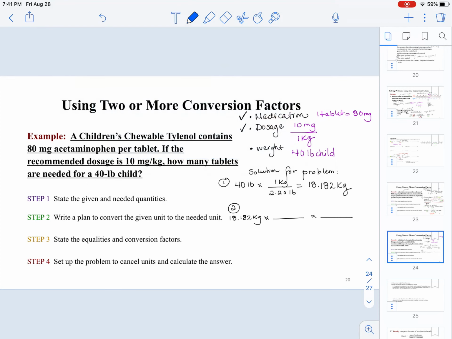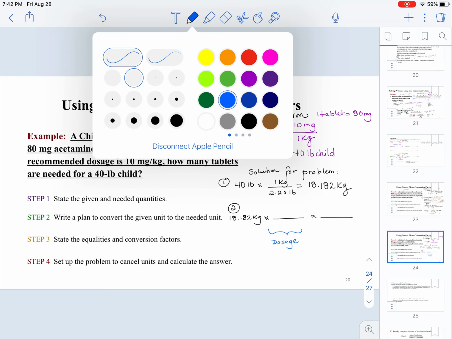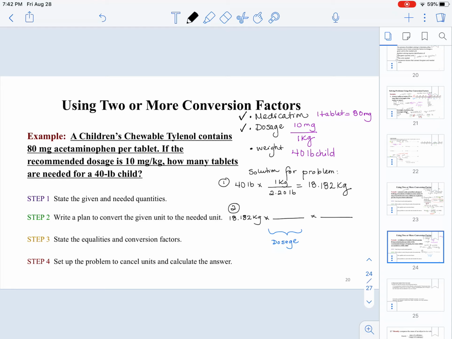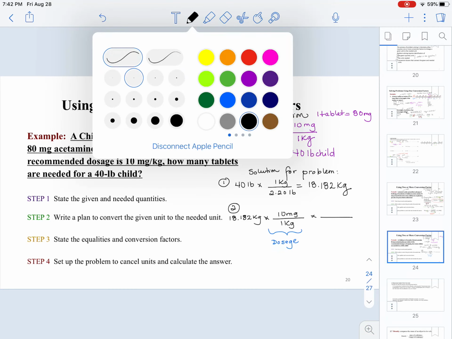The first one that you're going to set up is the dosage one, because the dosage one has the unit of kilogram. And you know that based on that dosage, per kilogram, you need to give this patient 10 milligrams of this medication.